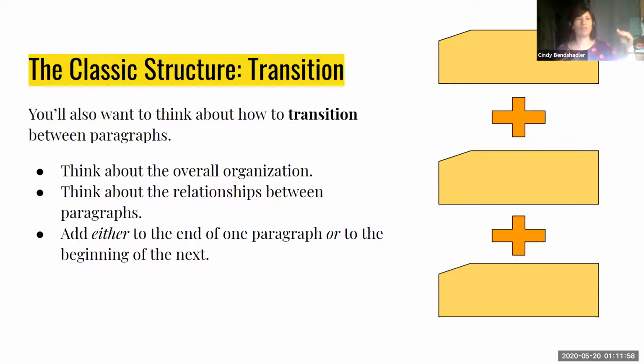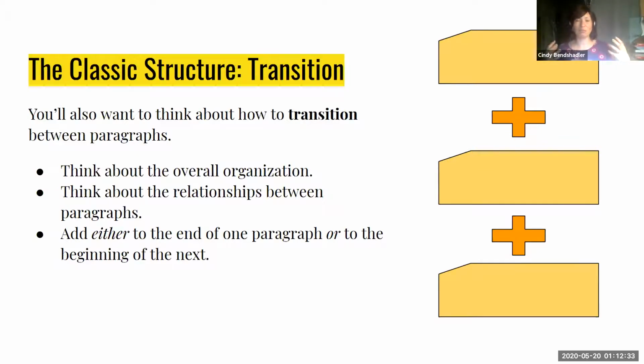But if you've thought about it, if you're moving from your least important point to your most important point, or your most obvious point to your least obvious point, or if you are moving from causes to effects, or from maybe, if you're talking just about effects, you might be talking about immediate effects and then long range effects. Maybe you're talking about the way that something affects an individual, and then the next paragraph is how it affects the community at large. So you want to think about that overall organization.